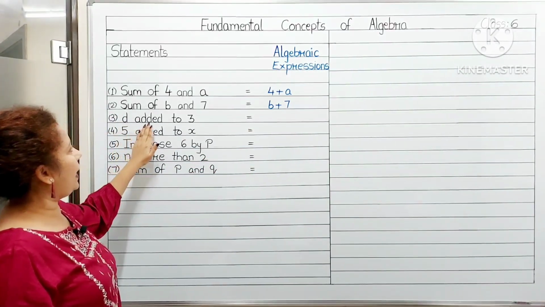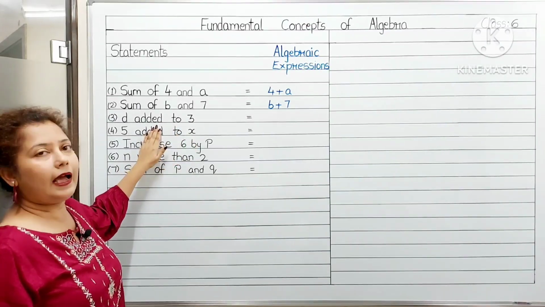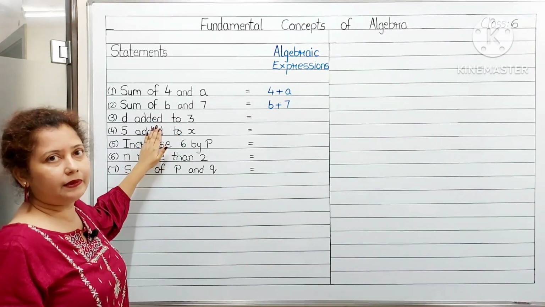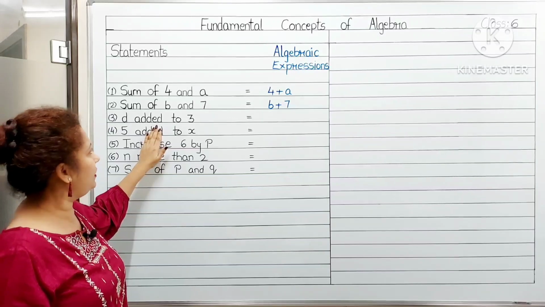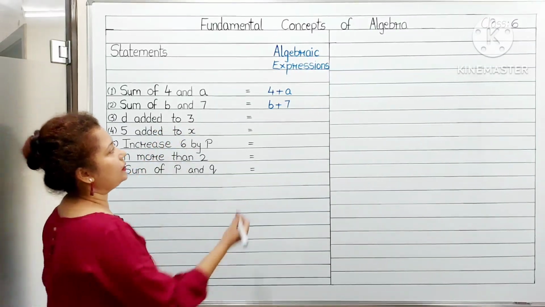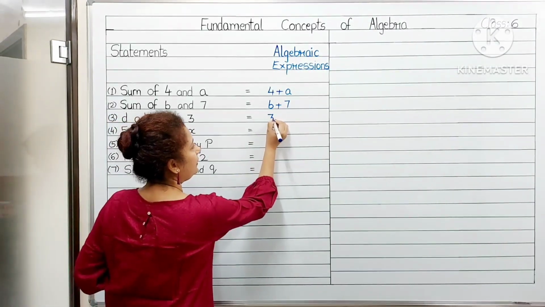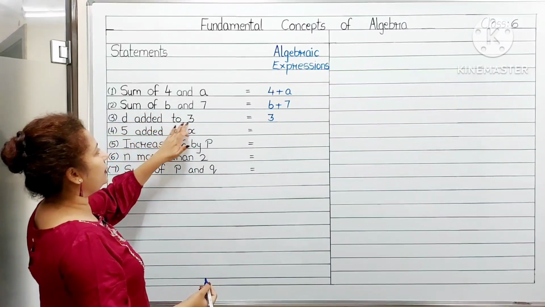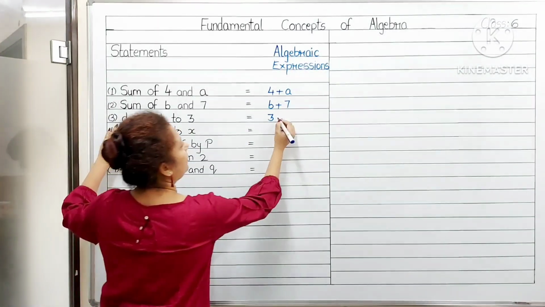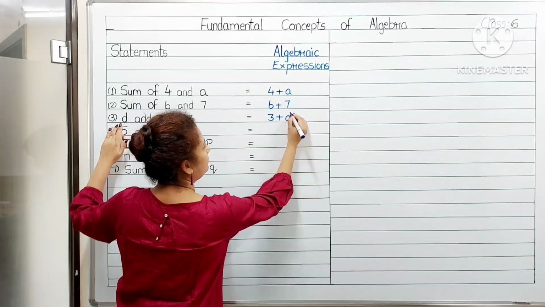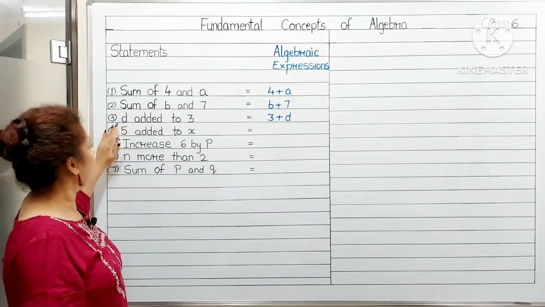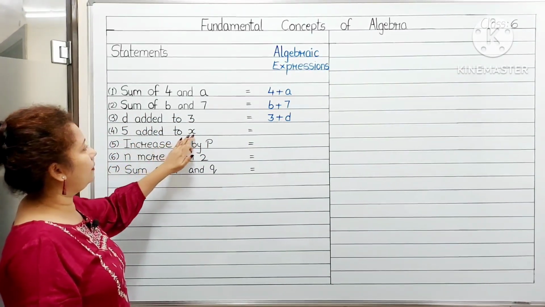Next is d added to 3. The word added is given, so it is simple to understand that we have to do addition. So here first we will write 3 and to this 3 we have to add d. That means 3 plus d. 5 added to x.